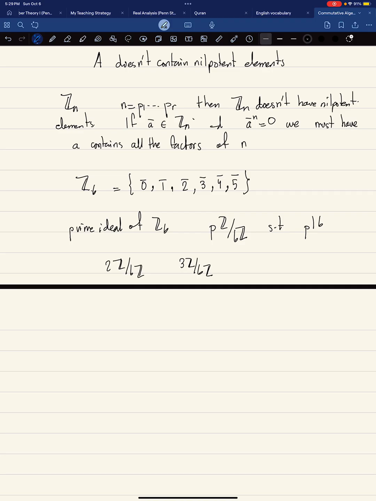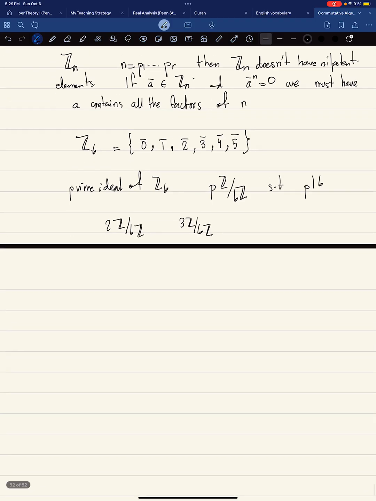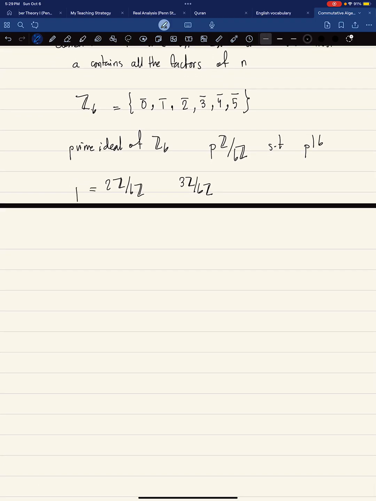Yeah, these are the only prime ideals, I believe. And so we just have to check that if A is Z6, then we have to check that A_P1 and A_P2 are integral domains.